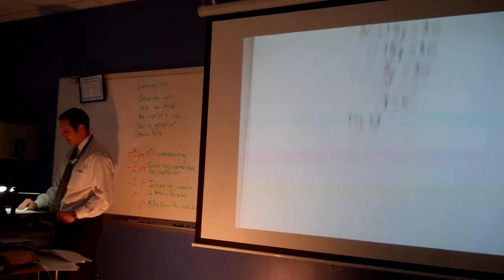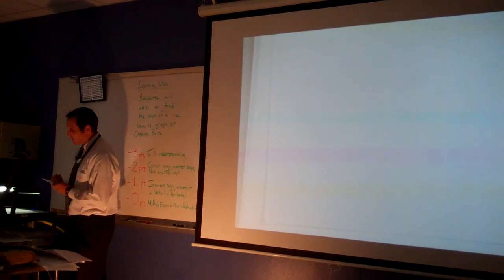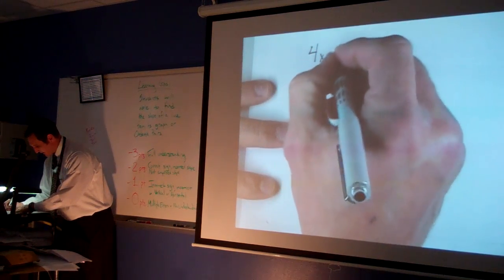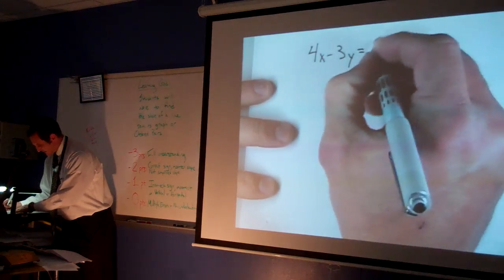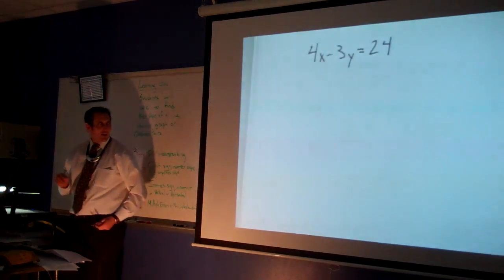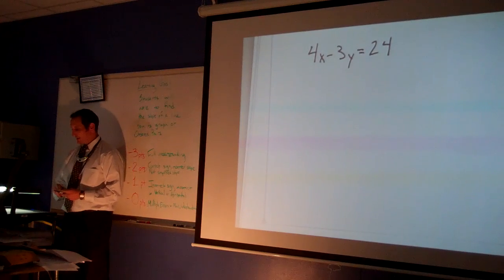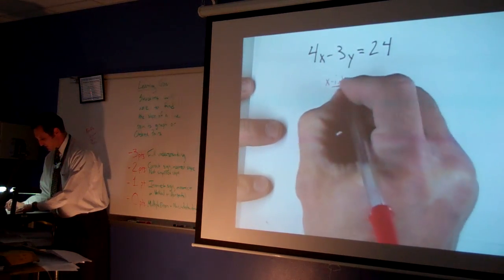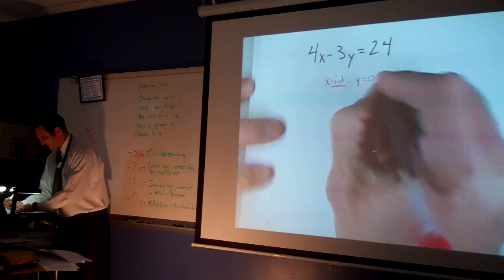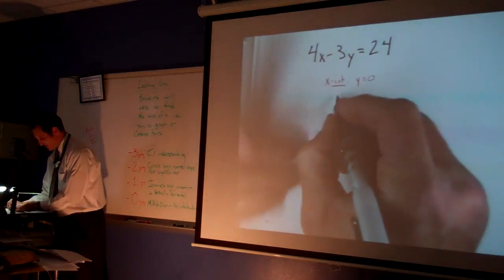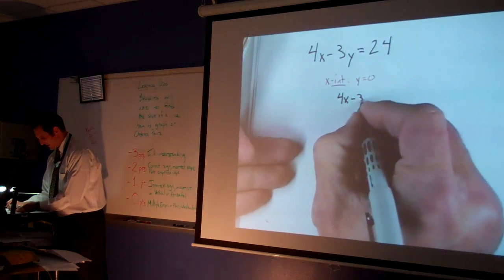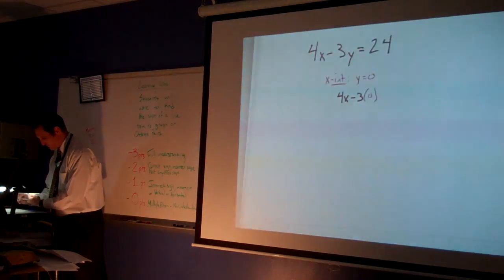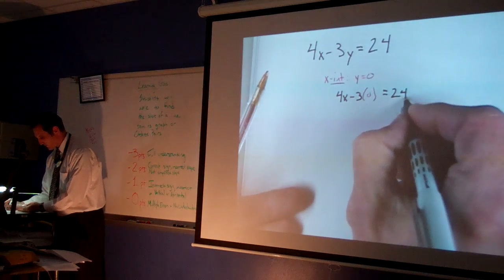Let's do a second example. We're going to find the x and y-intercepts of the following equation: 4x minus 3y equals 24. The x-intercept is when y equals 0, so we substitute 4x minus 3 times 0 equals 24.